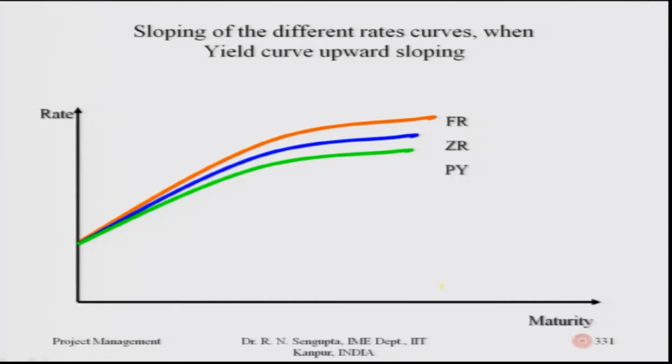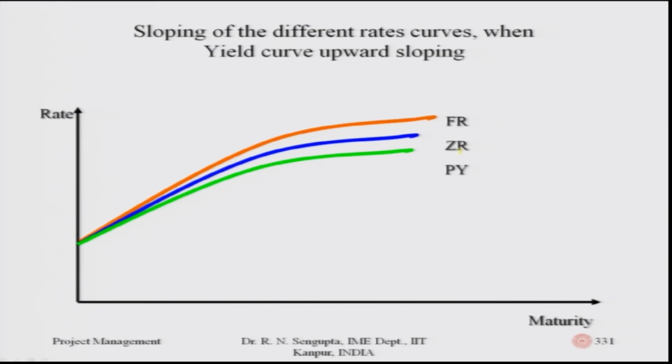If the par yield is increasing, or the forward rate is increasing, that is, dy dx of these values is positive, then, without going into the theoretical proofs, the sequence of the forward rate, 0 rate and par yield is as shown here. The orange line is for the forward rate, the blue line is for the 0 rate and the green one is for the par yield.